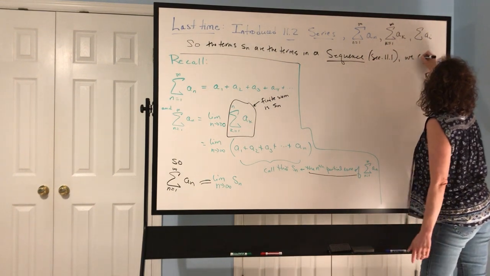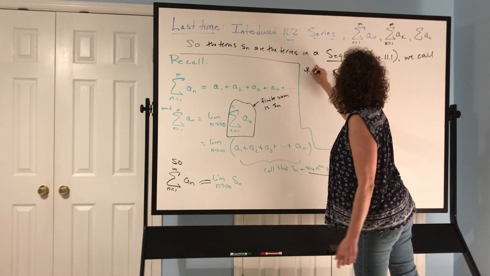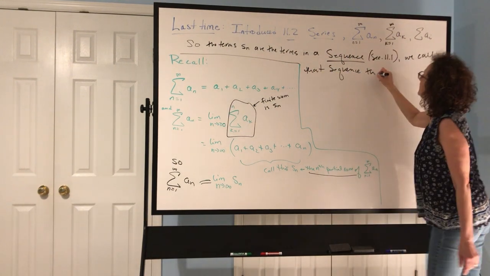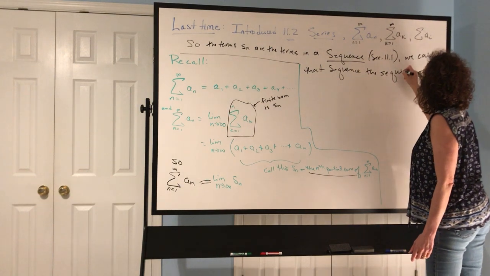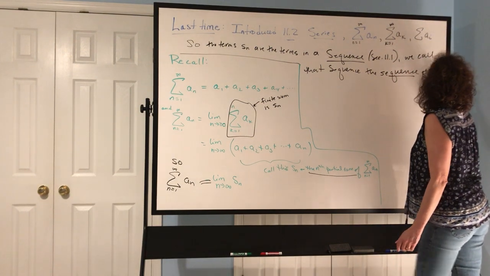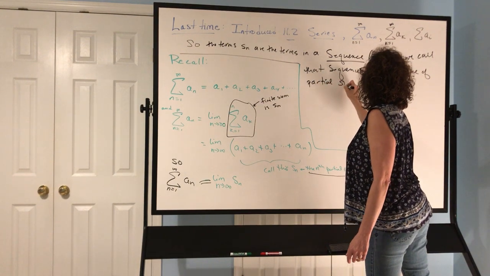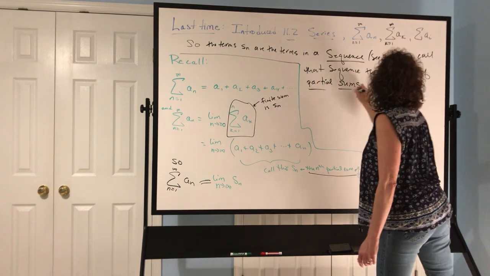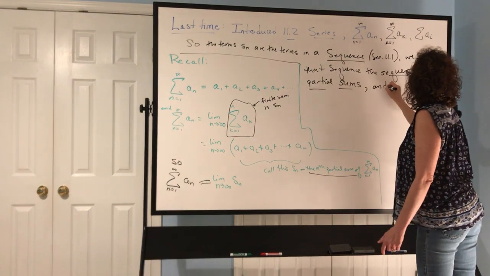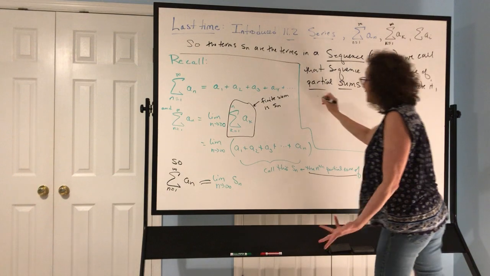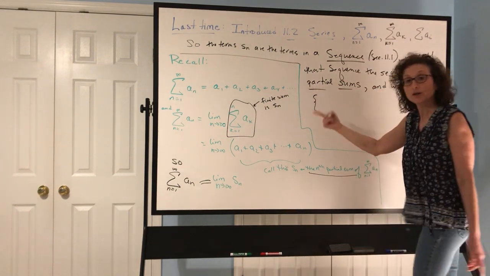We call that sequence the sequence of partial sums, and we denote it with sequence notation, the curly braces.